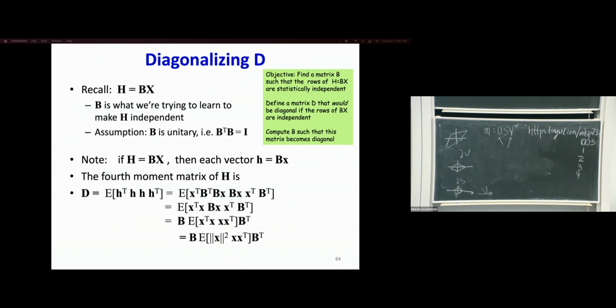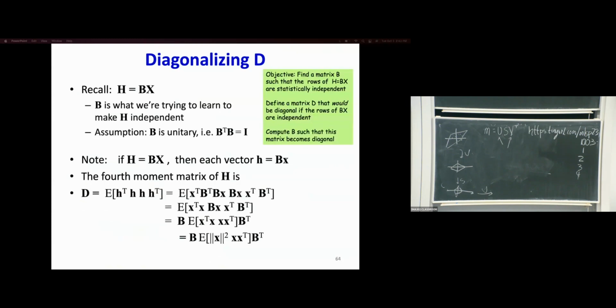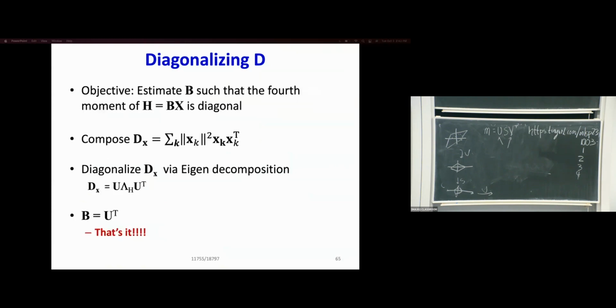This matrix is something messy, but once you have this form, you can diagonalize it. And this basically is saying that U transpose will make D diagonal. So U transpose here is the matrix you're looking for.